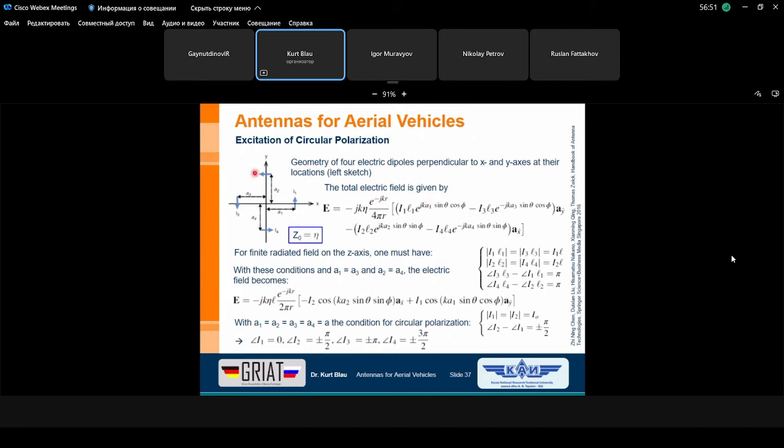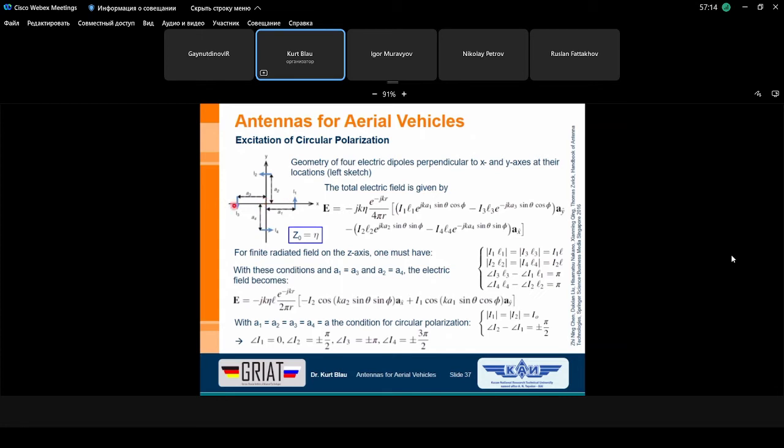It's written in such a way here, the field components of the dipole, for instance dipole 1, and the opposite dipole 3. The question arises why there's a minus, because both dipoles are excited in opposite.